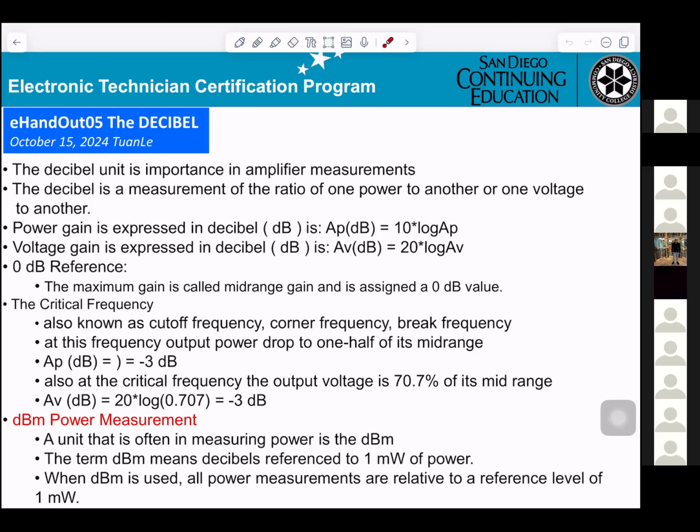The decibel is a measurement of the ratio. Remember, that's just a ratio of one power to the other, or one voltage to another. Power gain is expressed in the decibel, dB.